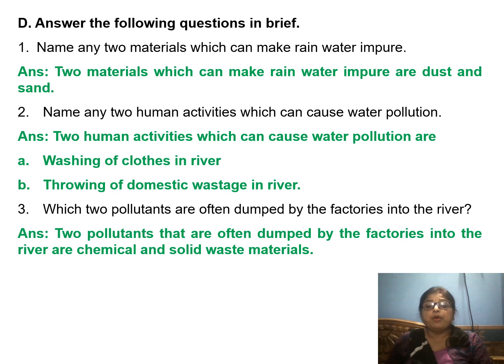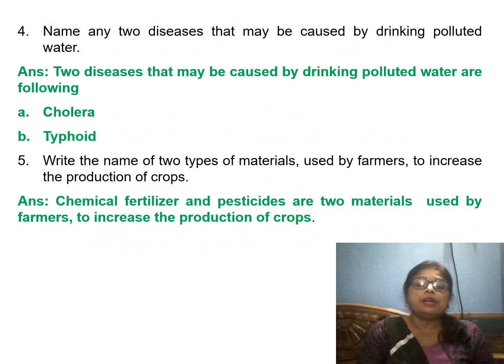Next, which two pollutants are often dumped by factories into the river? Two pollutants that are often dumped by the factories into the river are chemicals and solid waste materials. Name any two diseases that may be caused by drinking polluted water.